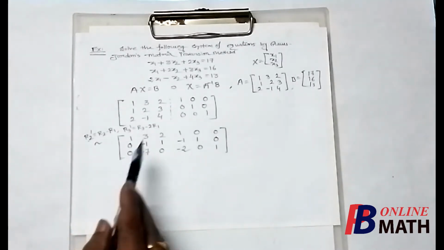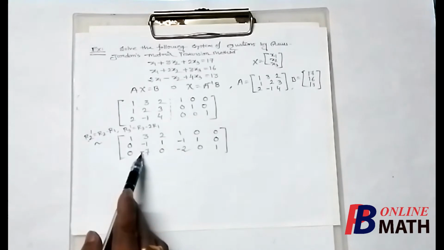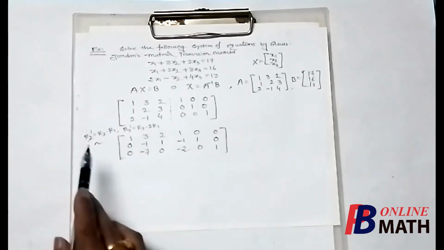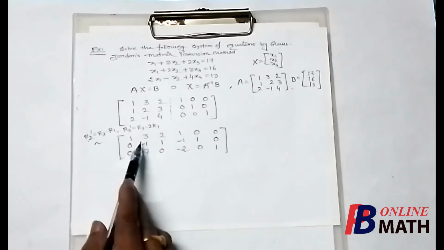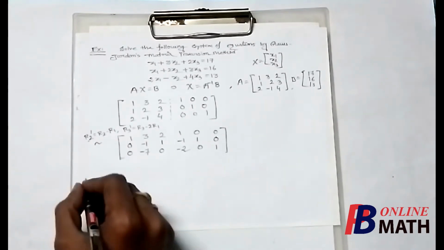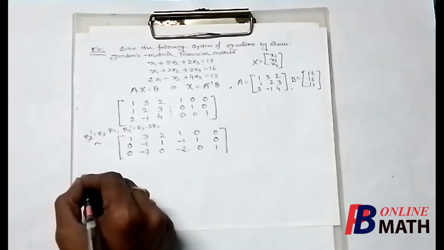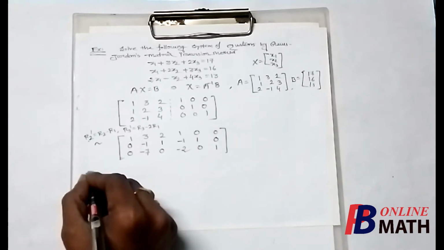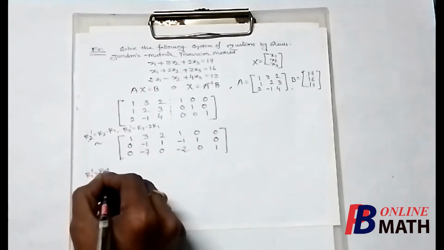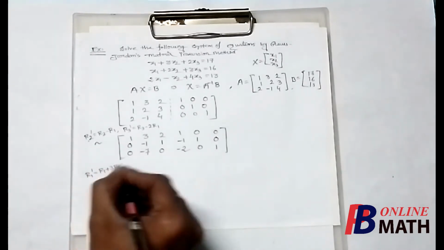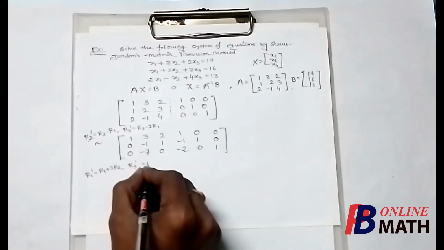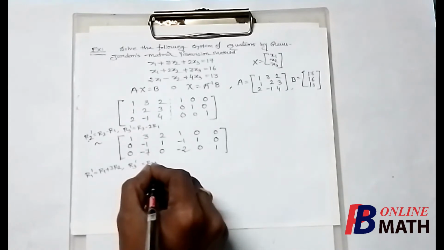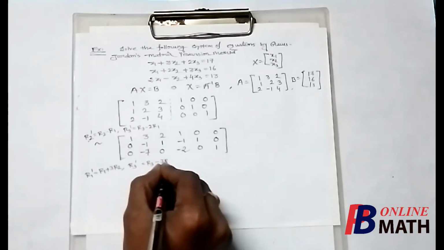Now in the second step, we have to make these two elements 0 by using this element. So if we want to make these two elements 0 by using this element, then we have to apply these elementary row operations. So these row operations are R1 dash equal to R1 plus 3R2 and R3 dash equal to R3 minus 7 into R2.